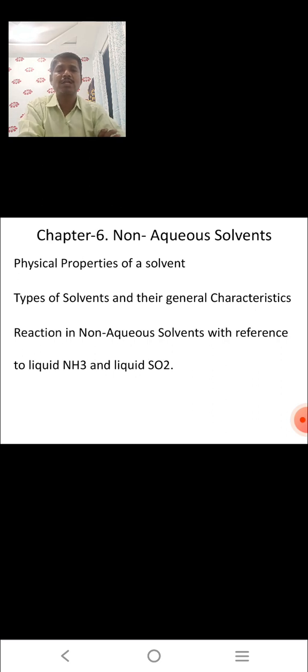What is meant by an aqueous solvent and what is meant by non-aqueous solvents? Under this heading we are going to discuss water, liquid ammonia and liquid sulfur dioxide. These non-aqueous solvents, liquid ammonia and liquid sulfur dioxide, and what their physical properties are, types of solvents and their general characteristics, reactions in non-aqueous solvents with reference to liquid ammonia and liquid sulfur dioxide.